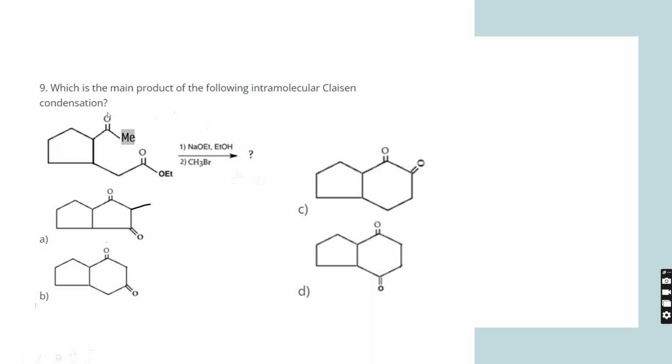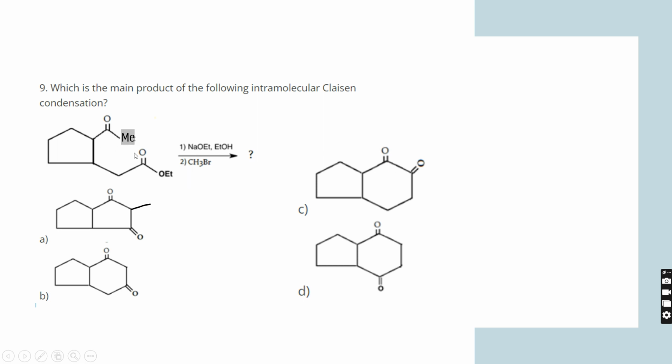So out of ketone and ester, you must already know that the ketone carbonyl carbon is more electrophilic and the adjacent protons are more acidic in nature as compared to that in the ester. Out of all these three protons, these two side protons will be more acidic.